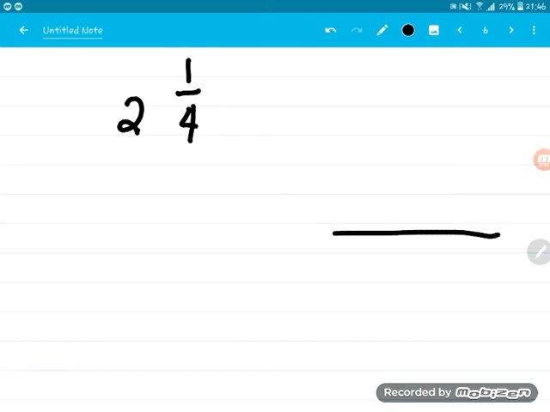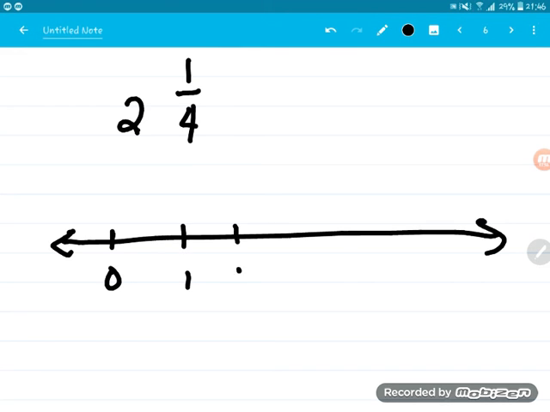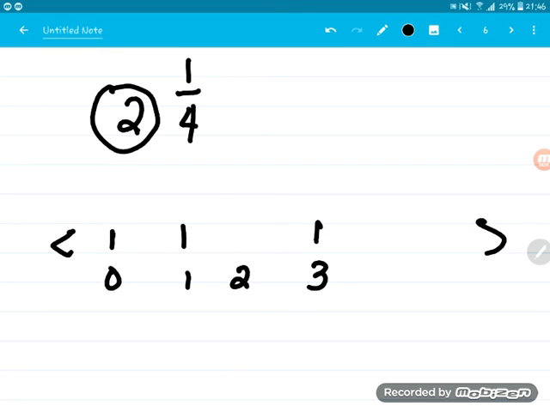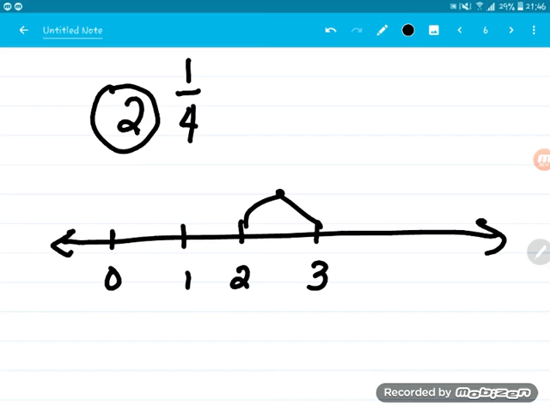So if we draw again the number line, this is 0, 1, 2, and then 3. Since this is our whole number and this is where it can be seen on the number line, then 2 and 1/4 is just in between 2 and 3.